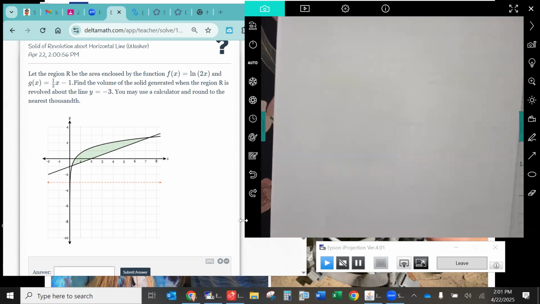Okay, once you're logged in, go ahead and put both of the equations into your calculator and find those two intersections. No, it's the first of the washers.